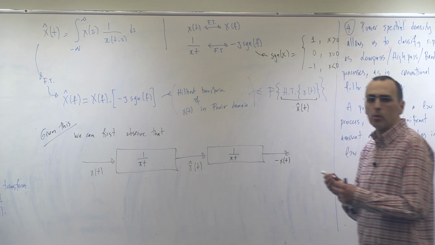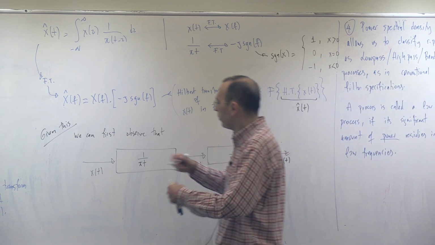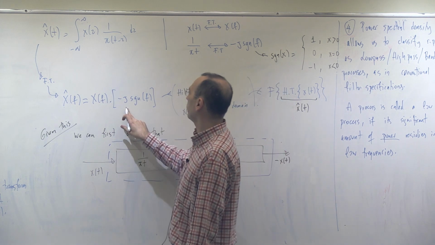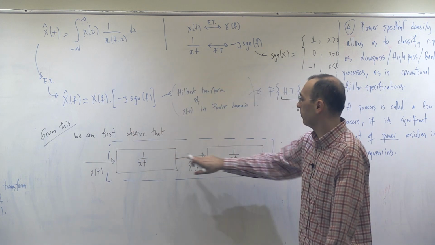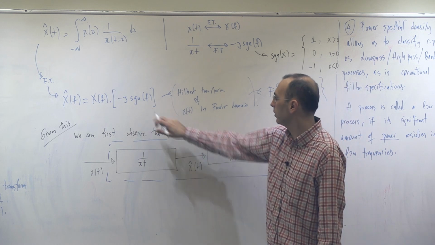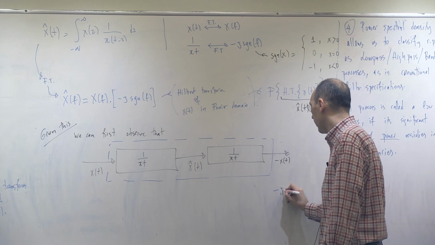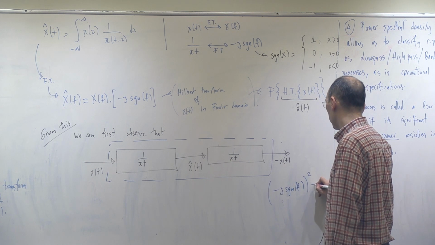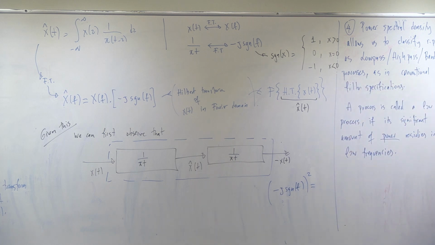The reason is, if I have two filters in cascade, the transfer function is the individual transfer functions multiplied, H1 and H2 in frequency multiplied. And I see the following: minus j signum f, in parentheses, squared. Do you see what I mean?